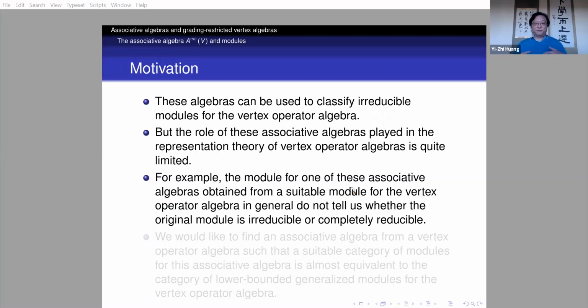See, I certainly mean the general case. If you add some condition, that's a different story.